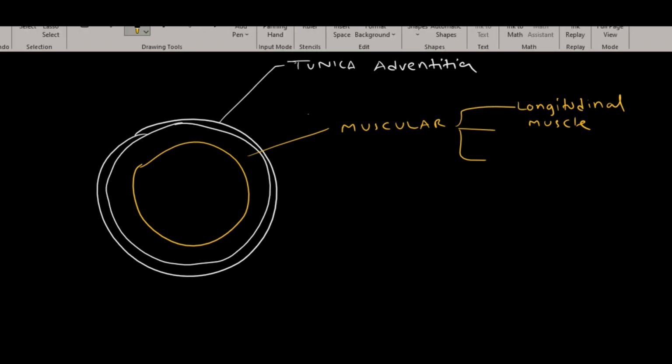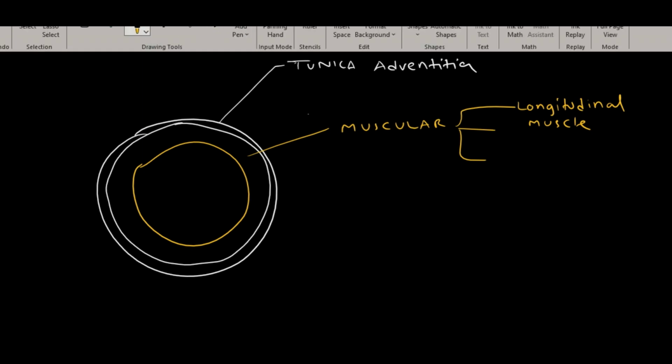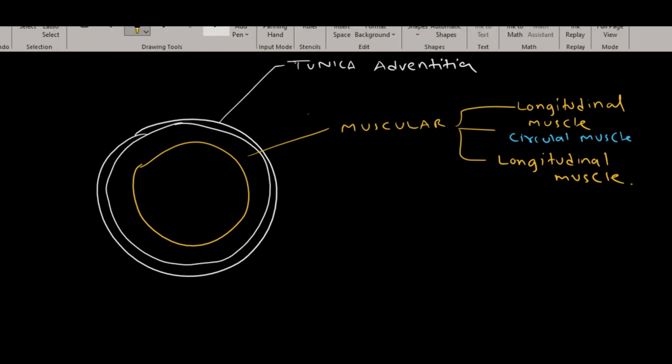Then you have circular muscles in between, and then again it is longitudinal muscles. Now this was the second layer, that is the muscular layer.